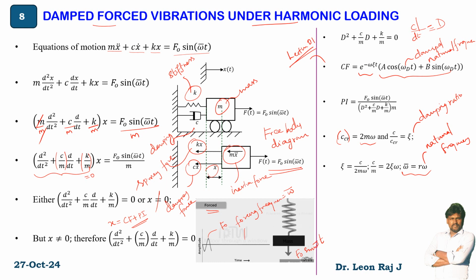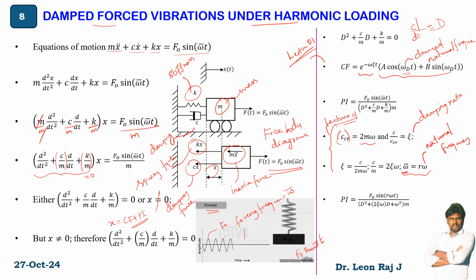Omega is the natural frequency, omega d is the damped natural frequency, and omega bar is the forcing frequency. So all are different. The ratio of damping coefficient divided by critical damping coefficient is the damping ratio. This complete derivation is available in lecture 1 of structural dynamics.